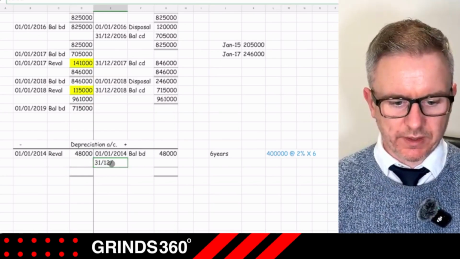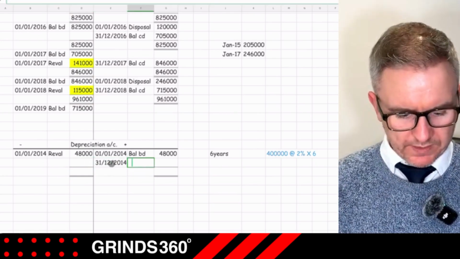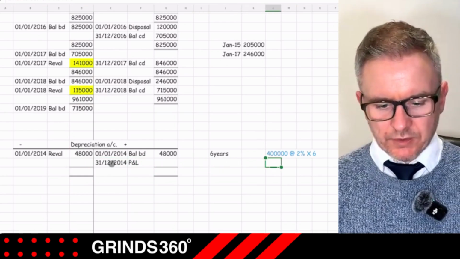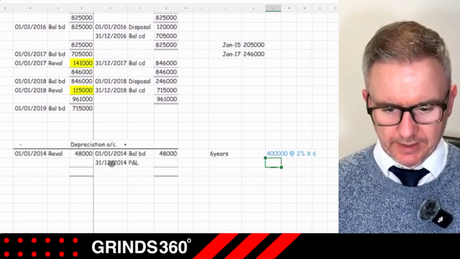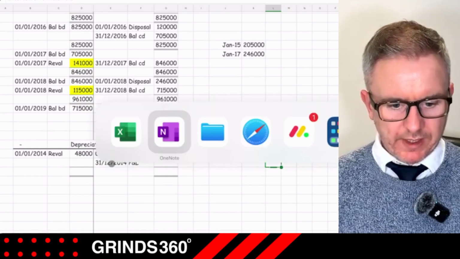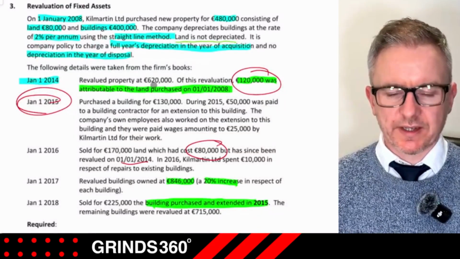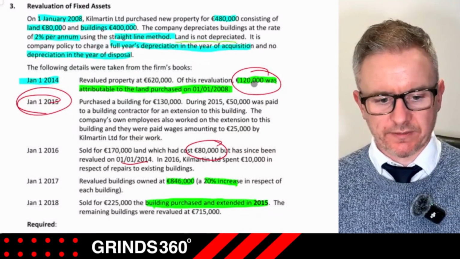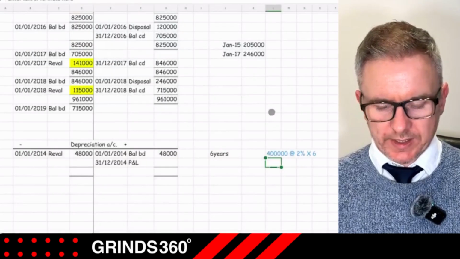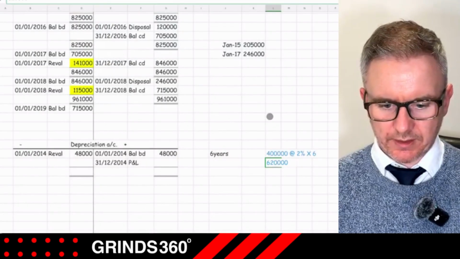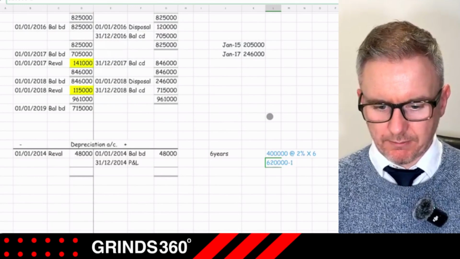So 31st of the 12th, 2014, what's the relevant P&L charge? Just over to the side here again, just to keep an eye on how we calculate that. We revalued, the total revaluation is 620, 120,000 of that was attributable to land purchased on the 1st of the 1st. So we need to get that 120,000 out of there. So 620 minus the 120.